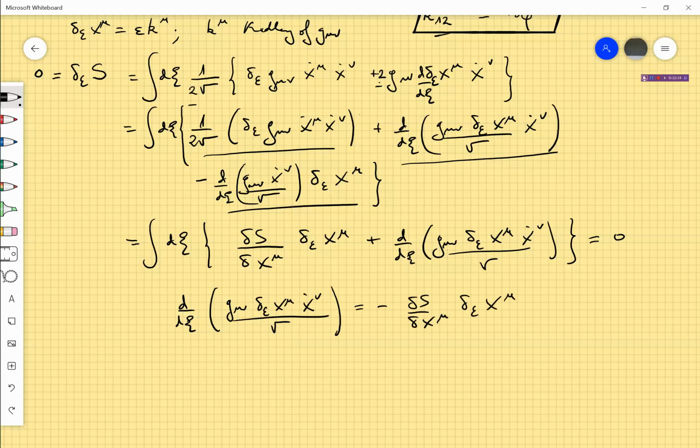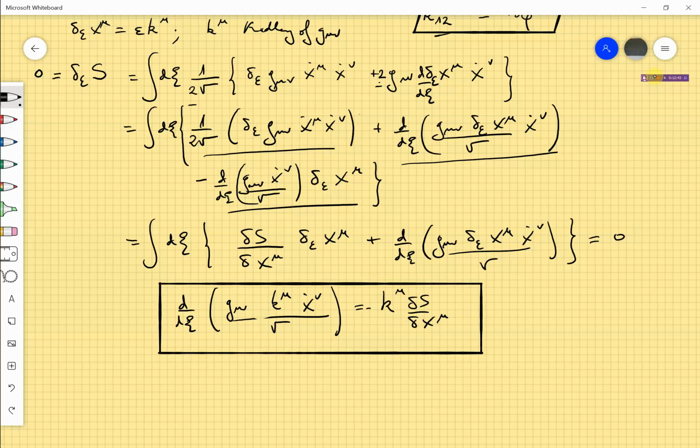And now let's use the explicit form of delta epsilon x mu, which was epsilon k mu, and here minus epsilon k mu, and you see that this is true for any epsilon, so I can remove epsilon and I get this identity.